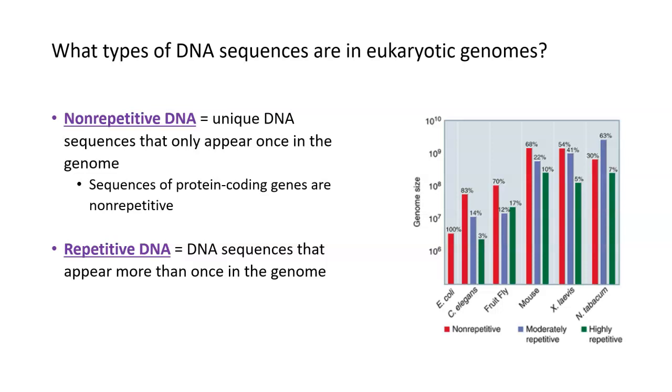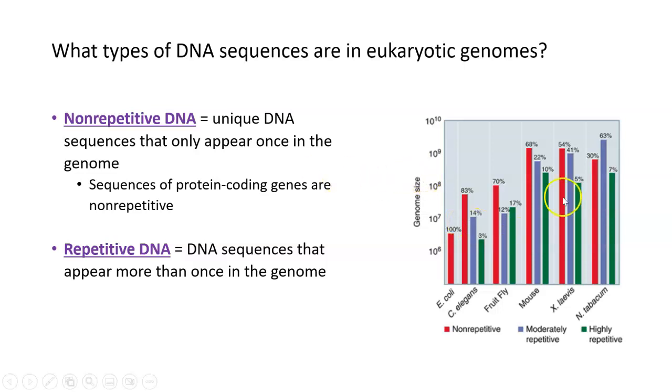So each protein coding gene has a unique DNA sequence that only occurs one time within that genome. And that makes sense, right? Because why would you have repeated genes within the same genome? You have a unique sequence, it encodes one protein, you don't have to repeat that sequence again.